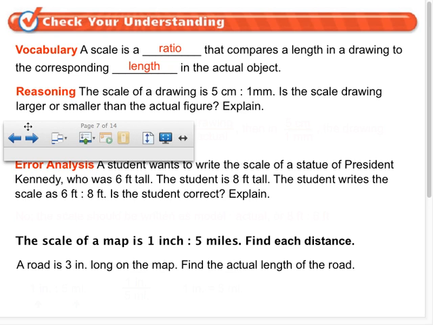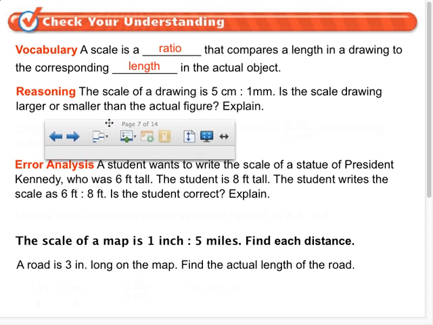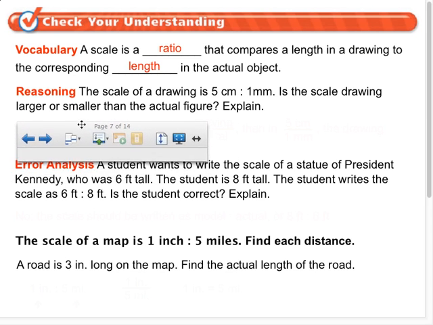Who wants to share with the class the answer? Somebody I haven't heard from. Logan, take a guess. You think it's larger? Yep, that's correct. And can you explain how you came up with that?